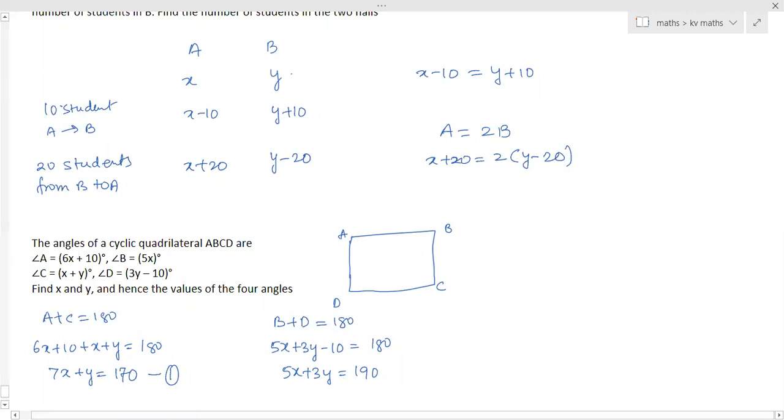X is 20 and Y is 30. 20 and 30, right? Ma'am, X is 20 and Y is 30. Yes, right. 20 and 30.